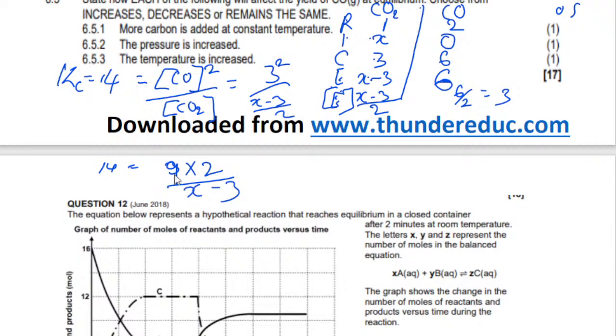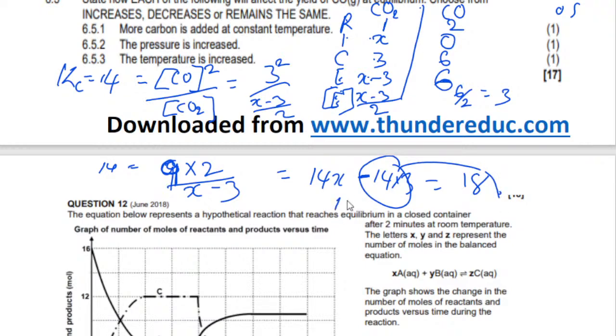I bring this one to this side, so it's going to be 14x, then 3 times 14, minus 14 times 3 gives me 9 times 2, which is 18. So you calculate and find out what it is. I bring this to this side, and then I get x.